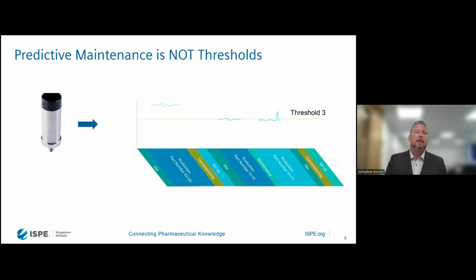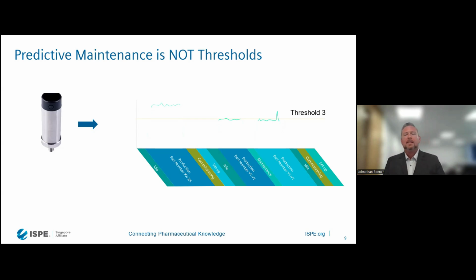However, by this time, the teams on site that need to use this have lost trust in it. They've been over-alerted. They've performed maintenance and essentially wasted money because there is limited understanding of the complexity of the asset and the production requirements. So really, it's not fit for purpose.